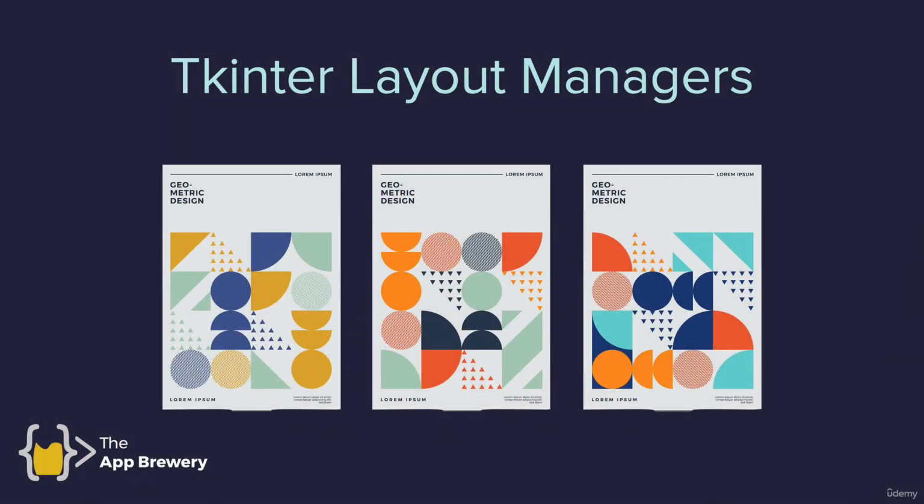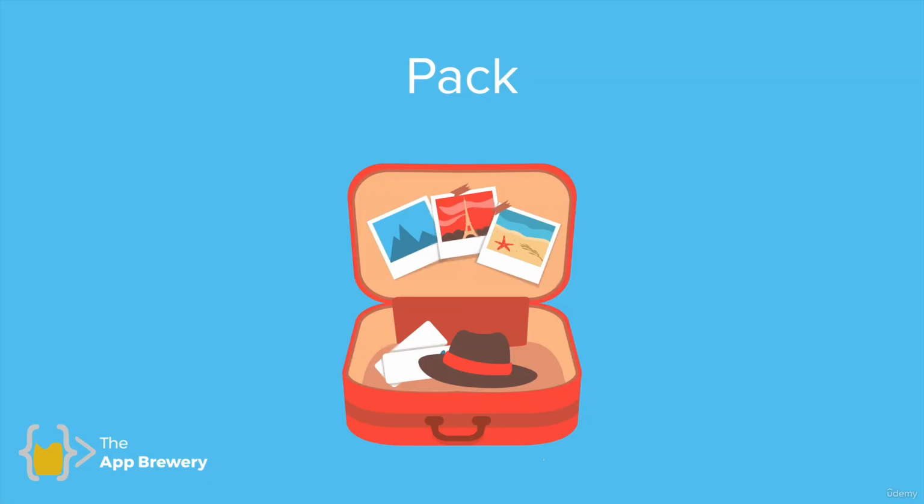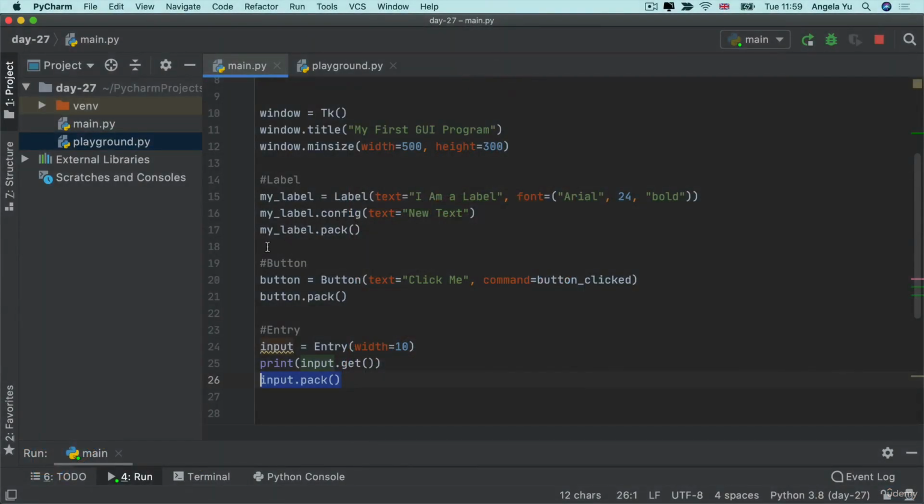Now, as I mentioned before, Tkinter has a whole bunch of different layout managers that define how to position each of the widgets in your GUI program. Now, there's 3 that you should know about: pack, place, and grid. Firstly, we've already seen pack, and all that pack does is it basically packs each of the widgets next to each other in a vaguely logical format.